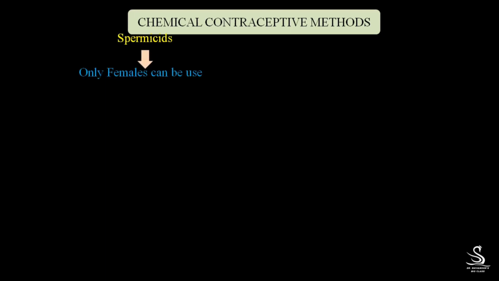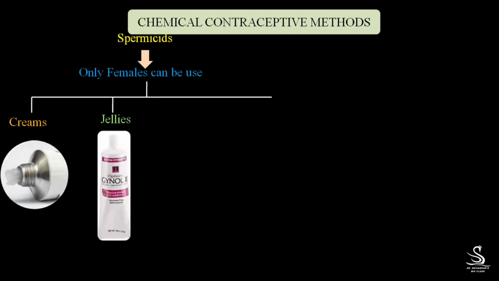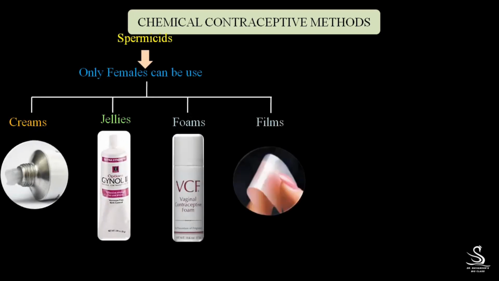Now let us understand what different types of spermicides there are. They are available in the form of creams, jellies, foams, and films. In NCERT, creams, jellies, and foams are given, but they have not mentioned films.